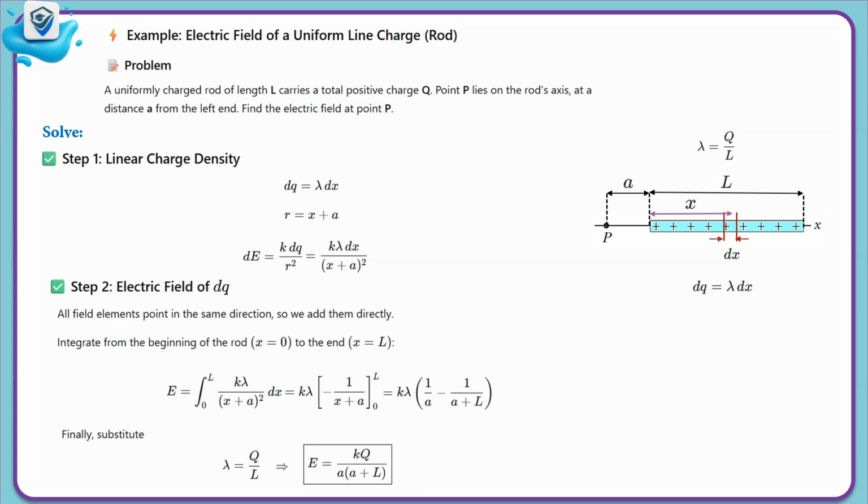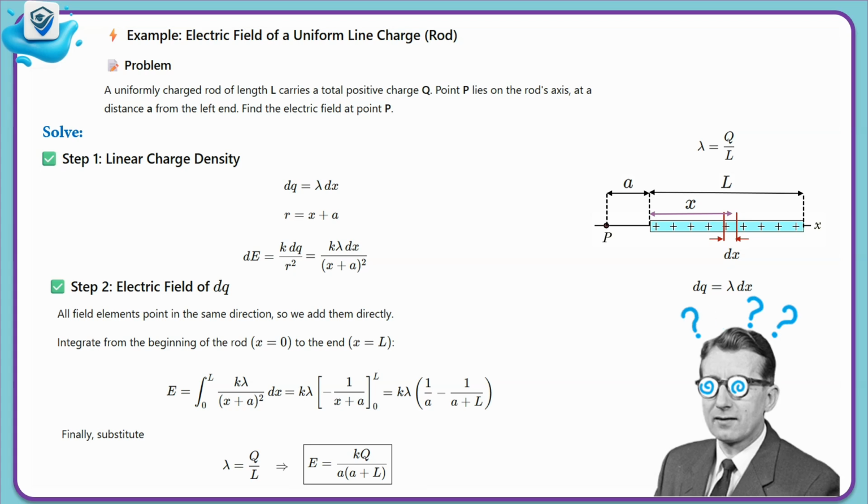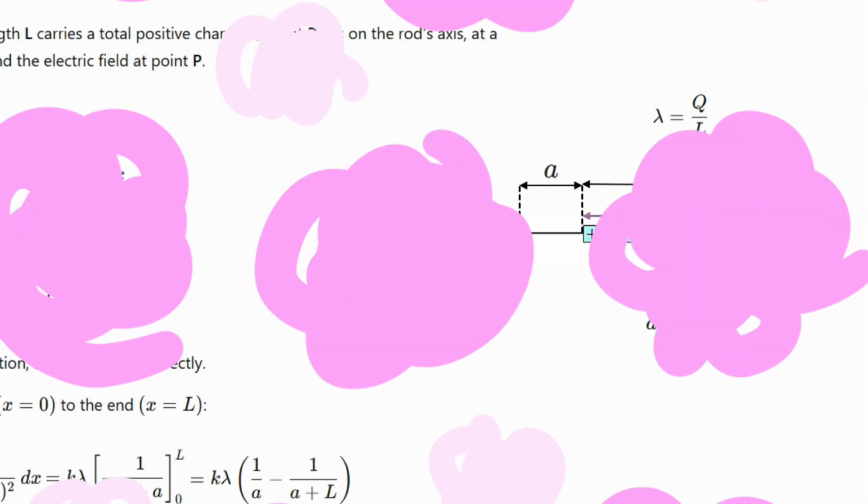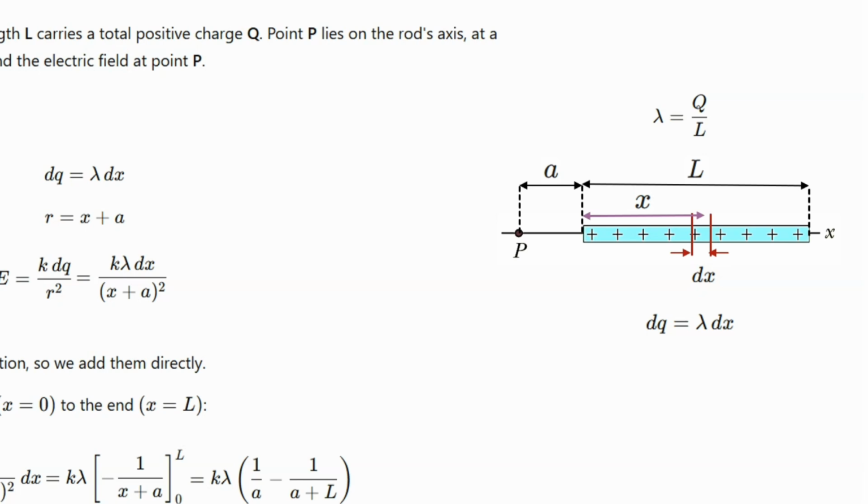At this point, one question students often ask is, how do we know the direction of the electric field? That's a great question. Let's look at the figure. The rod is positively charged, so every small charge element dq is also positive.